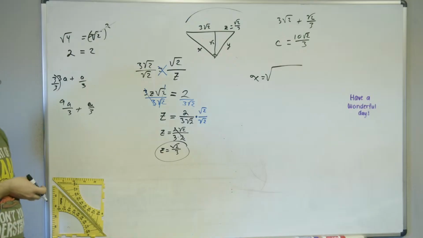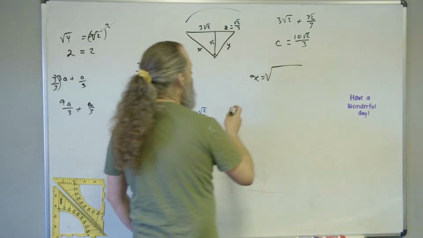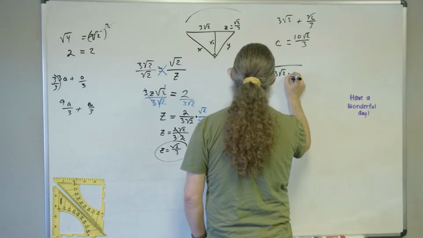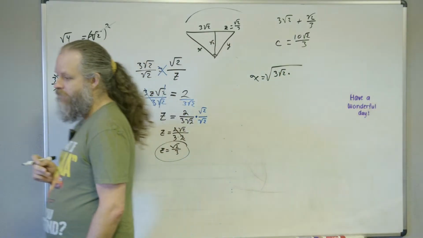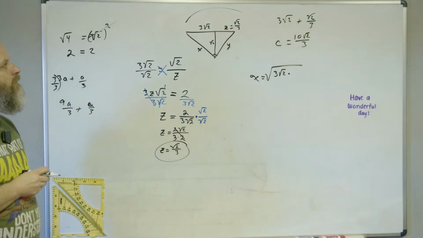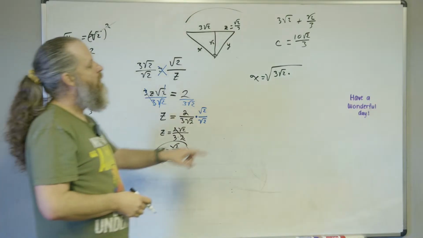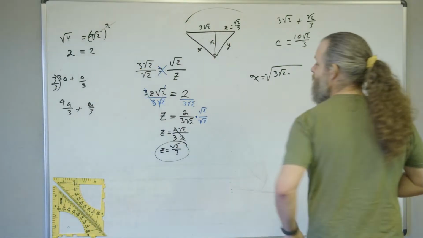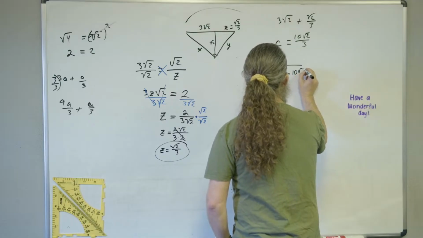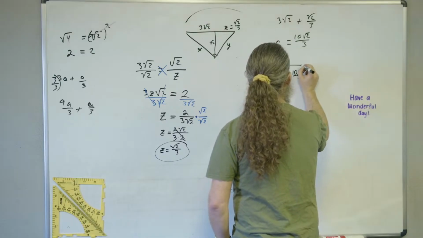Three times square root of 2 times what? It's times the big one, right? Which is this one, right? Times 10 times the square root of 2 over 3.